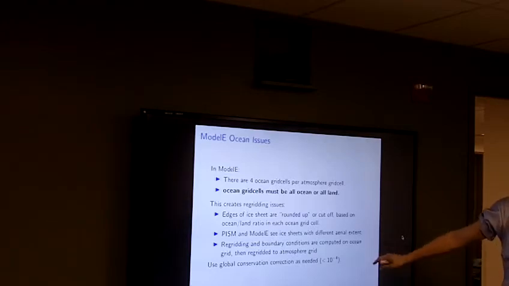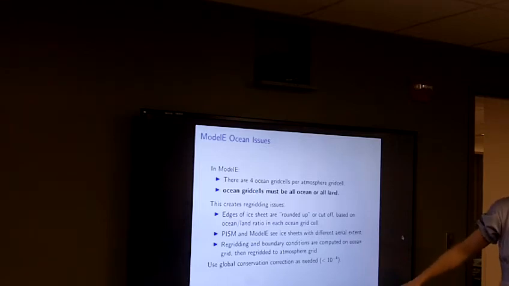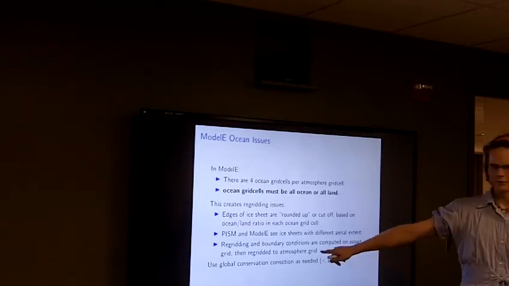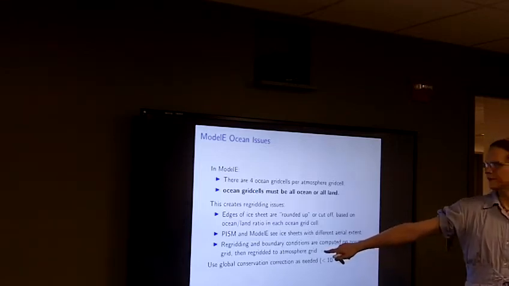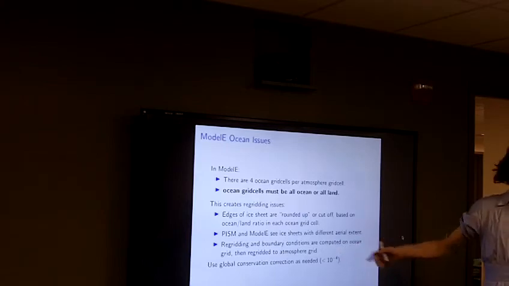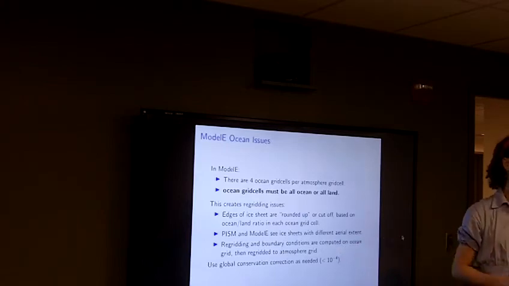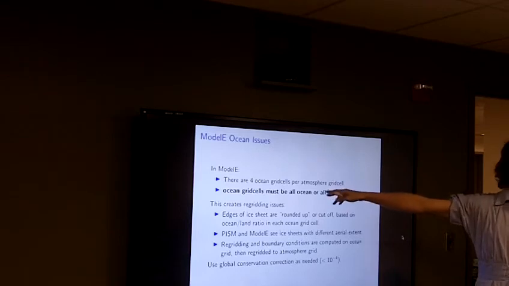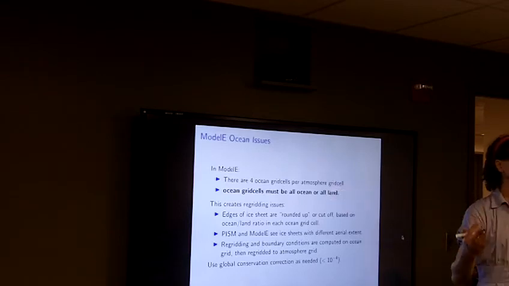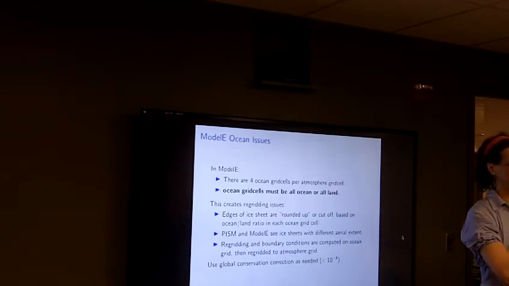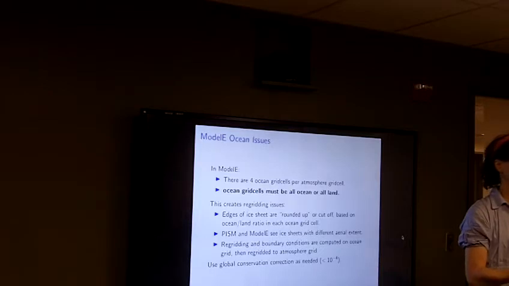And then the last thing this does is, we're going to compute all our regridding and boundary conditions on the ocean grid, and then we're going to regrid to the atmosphere grid because of this all or nothing thing on the ocean grid. So we typically get atmosphere grid cells near the boundary of the ice sheet that are 1/4, 1/2, 3/4, or 100% ocean or land.